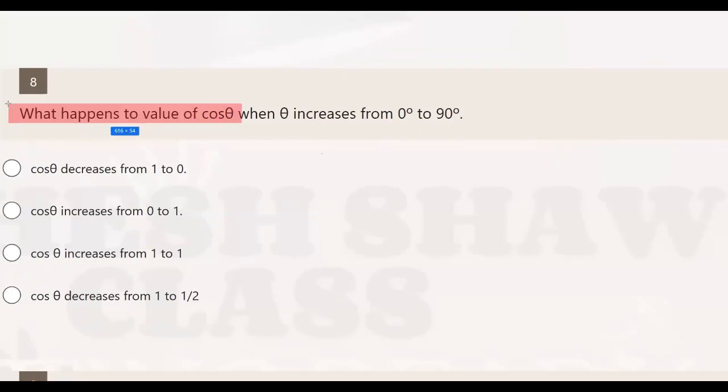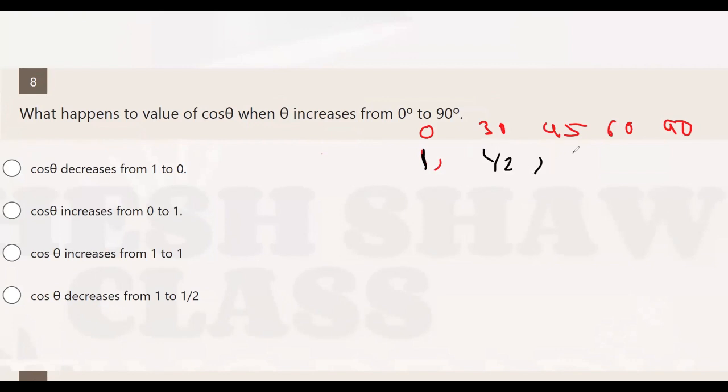The next question is what happens to the value of cos theta when theta increases from 0 to 90 degrees? If you remember the values for 0, next is 30, 45, 60, and 90. So what do we know? cos 0 is 1, and cos 30 degrees is root 3 by 2, 45 degrees is 1 by root 2, 60 degrees is half, and this is 0.